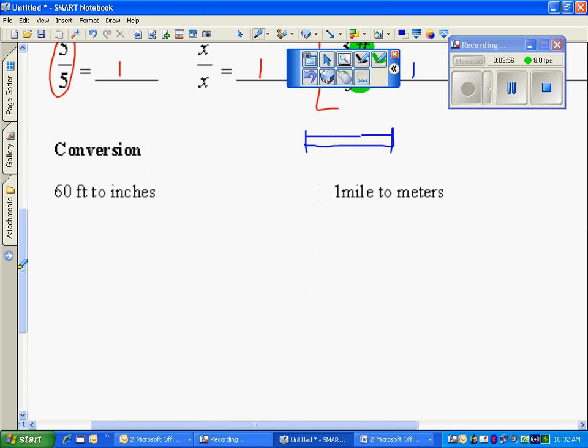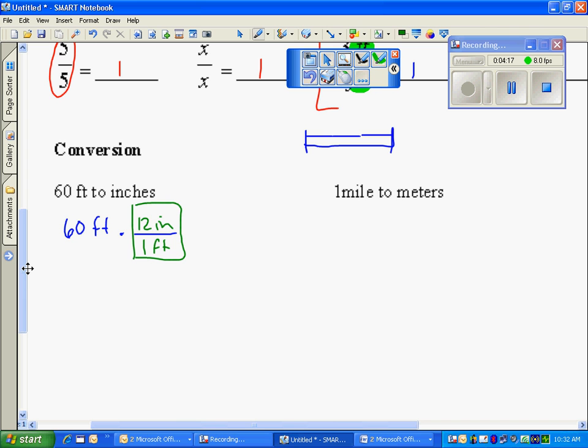So if I have 60 feet and I want to convert it to inches, I'm going to multiply by some ratios. And I know that there are 12 inches in 1 foot. So I want these feet to convert to inches. And I know that this second piece here that I wrote down is equivalent to a 1.